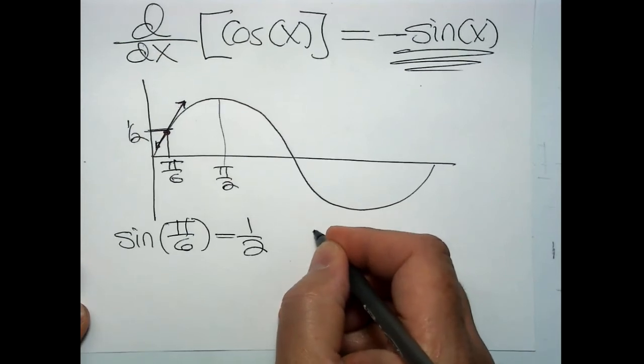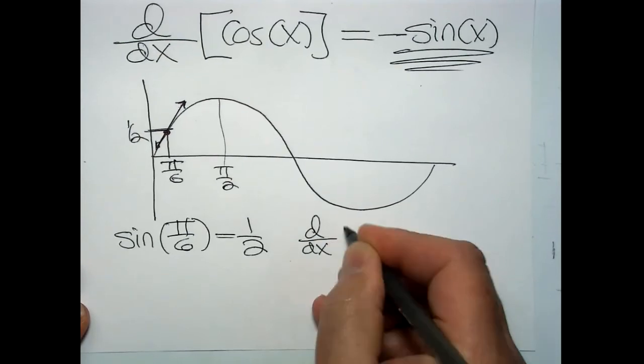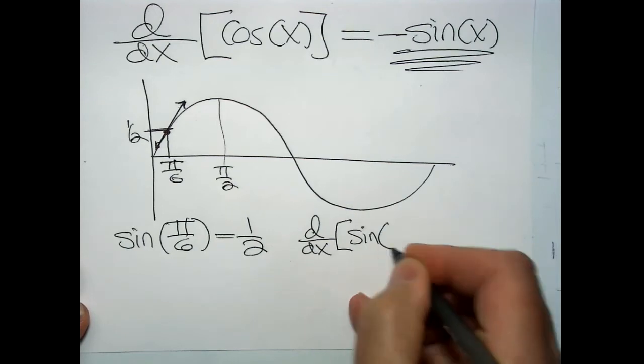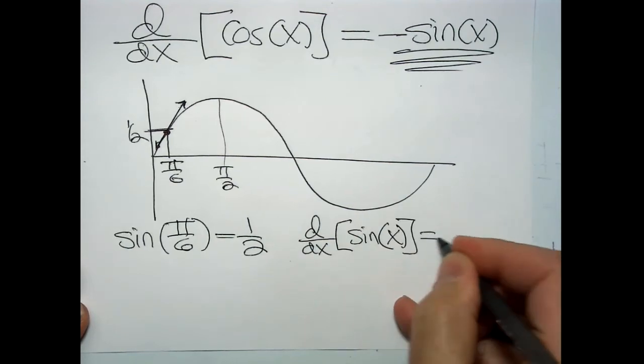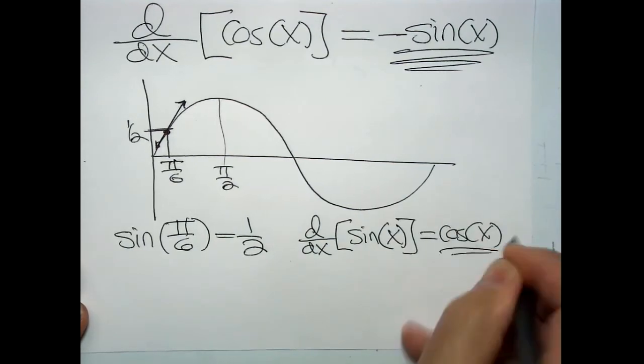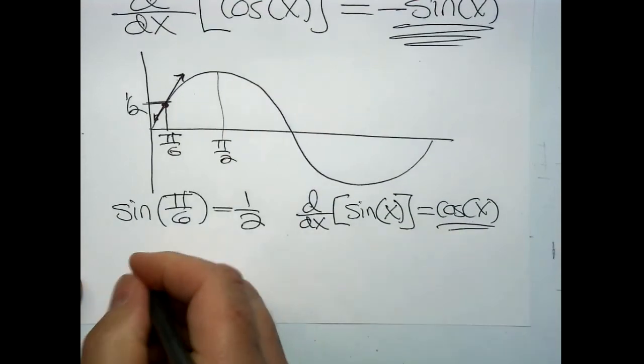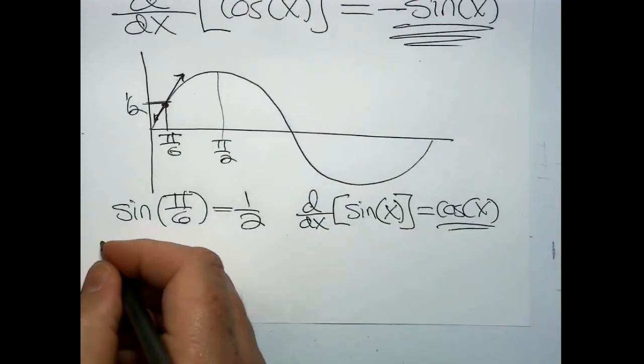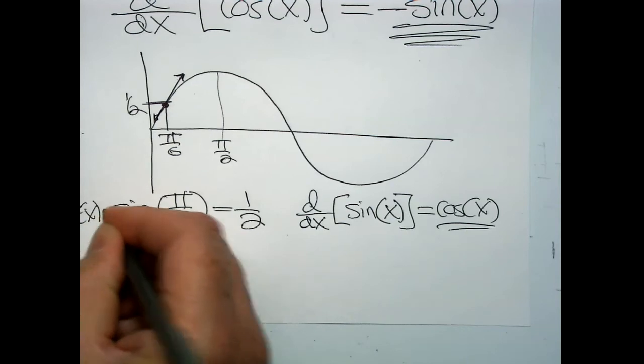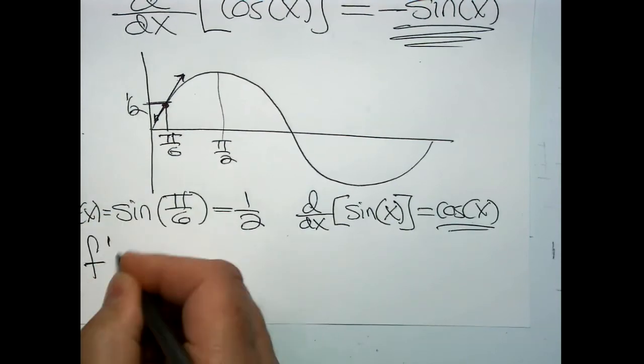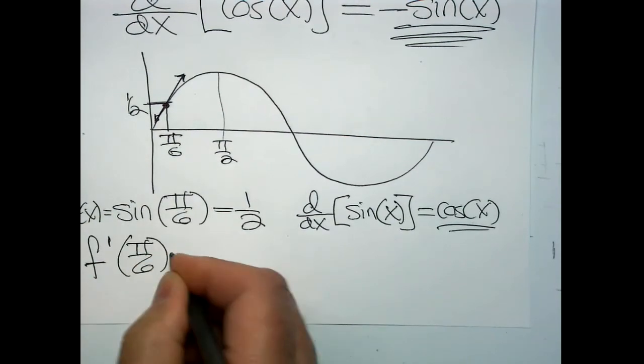Well, the derivative of the sine function is the cosine function. Remember, derivatives themselves are not slopes. What we'd want to do, if this were f of x, we would want to sample f prime at 30 degrees and see what it is.